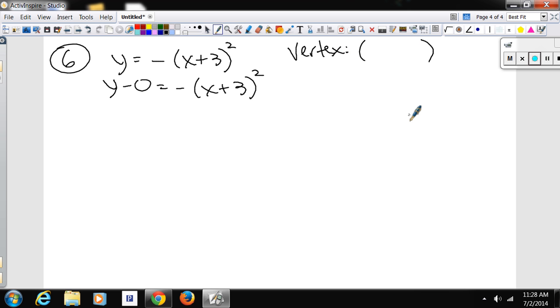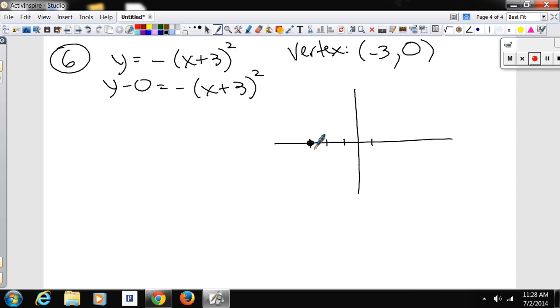What is the vertex going to be? A 0 is your y value, so that's going to go in the y value. What makes this parenthesis come out as a 0? It's going to be a -3. There's my vertex. So when I draw my x and y axis, I'm going to go over -3, up 0.